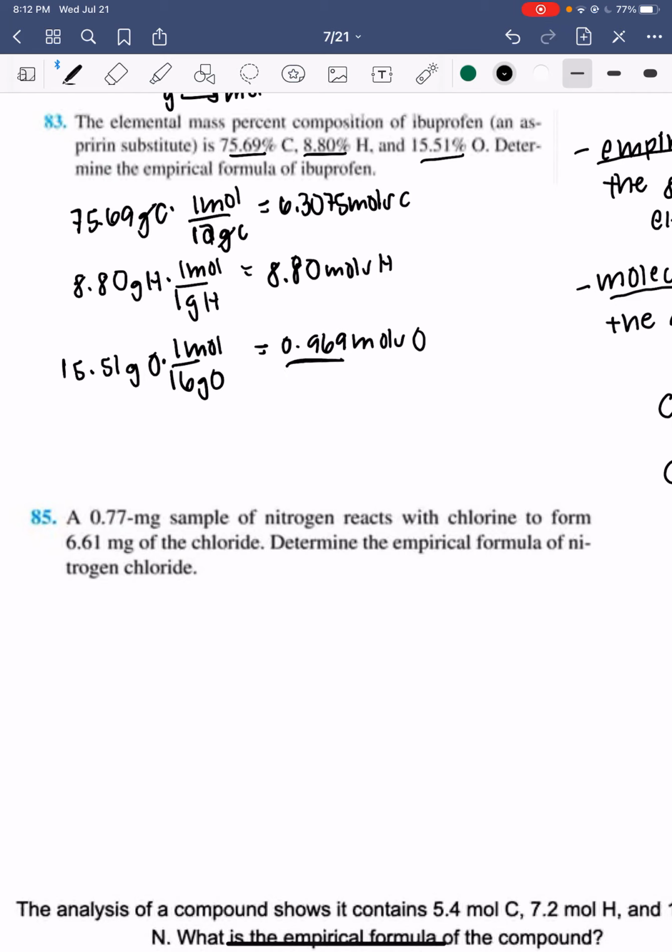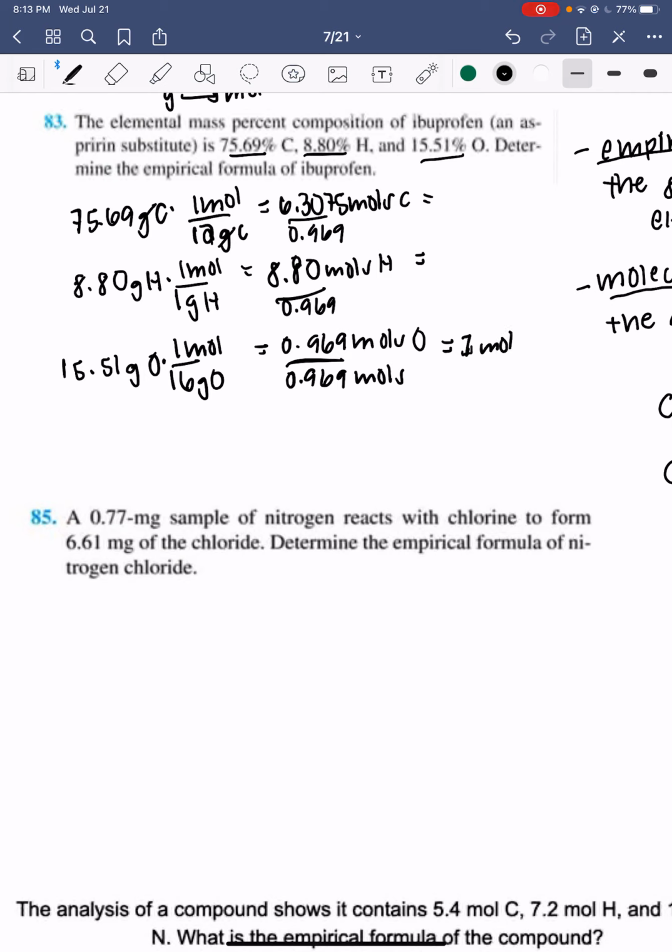So we can divide the moles of oxygen by 0.969 moles. And we can do the same thing for hydrogen and carbon. Again, just dividing all the elements by the least amount of moles that you see out of all of them. When we divide these all, we should get whole numbers, and that's going to give us those little subscripts that we need in the formula.